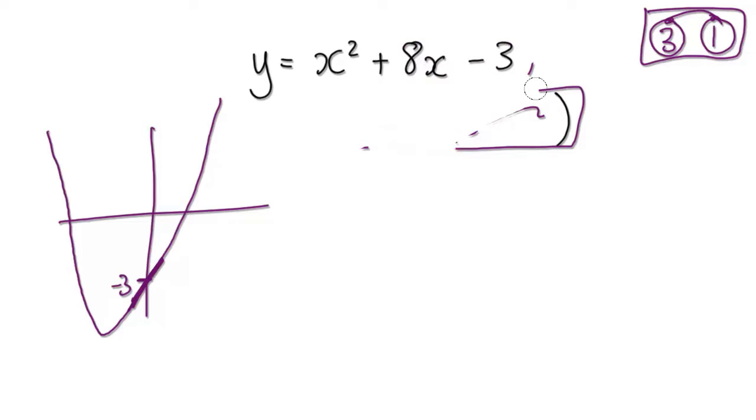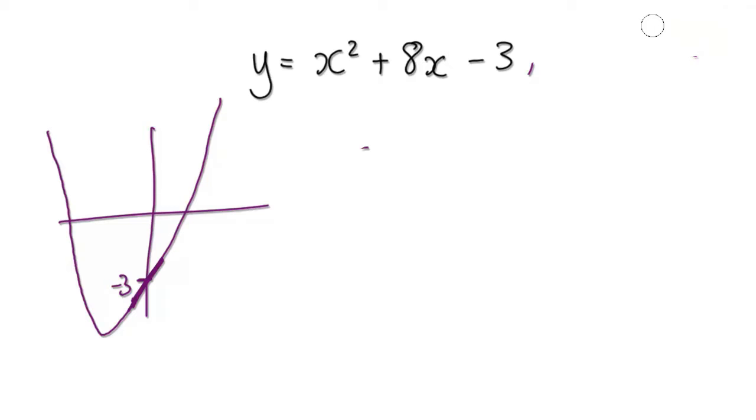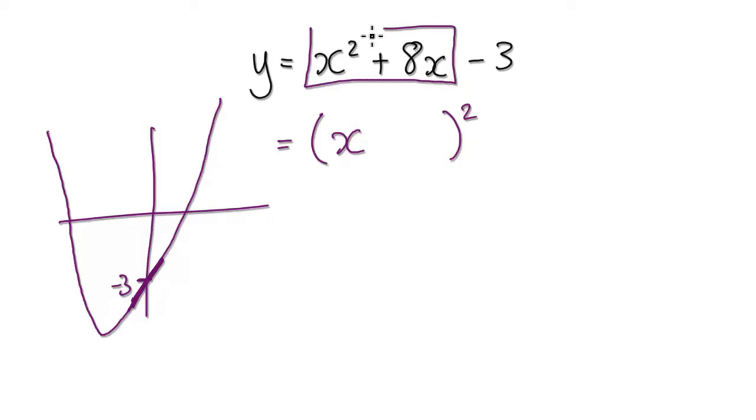So to complete the square, we know our normal routine won't work, so we've got to use completing the square. Completing the square would be you zooming into these two terms, and it's always going to be half of this. So half of 8 would be 4. So it's going to be +4.